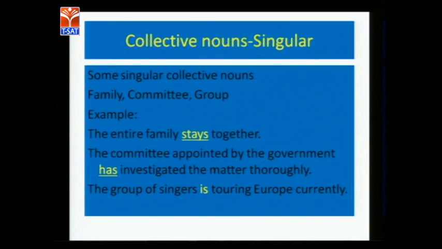And the group of singers is touring Europe currently. Who is touring? The group. What does that group comprise of? It comprises singers. So the group of singers is touring Europe currently.